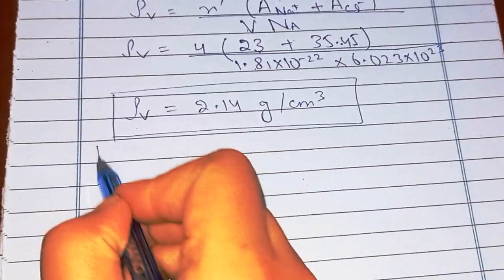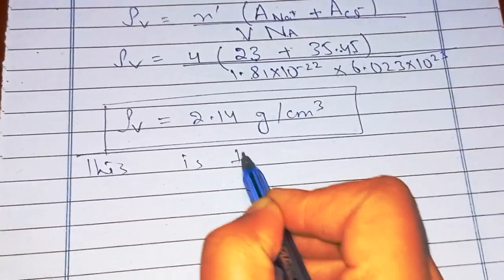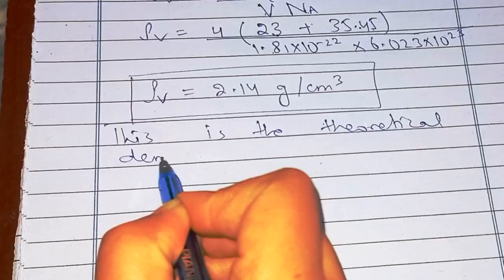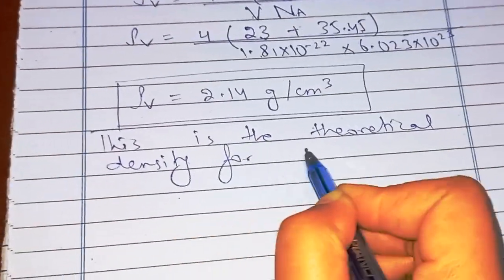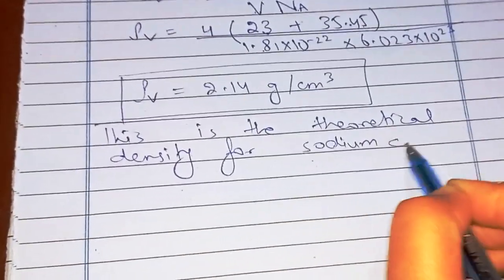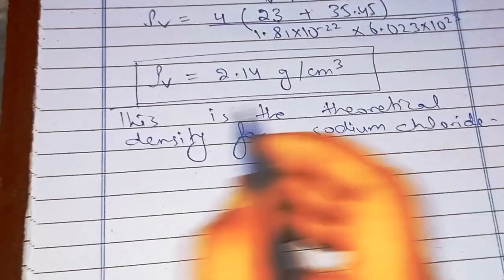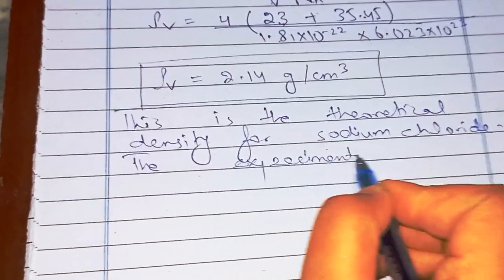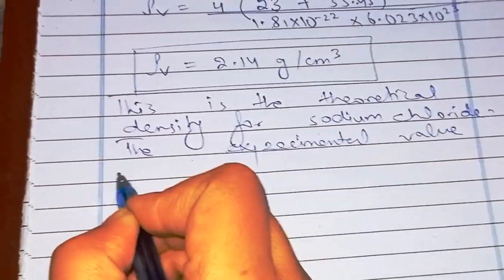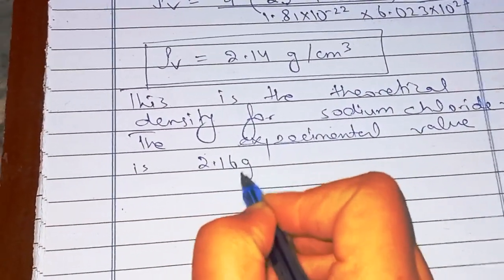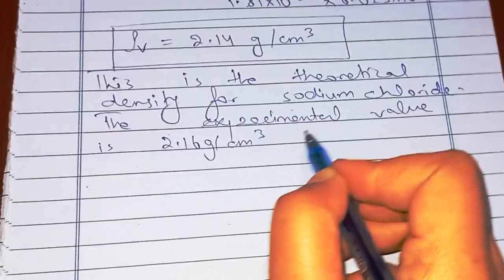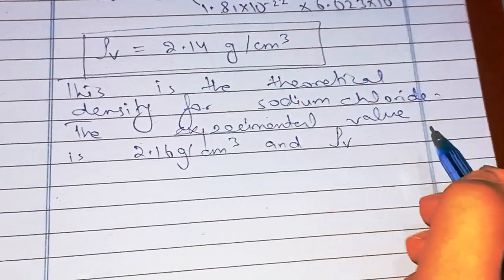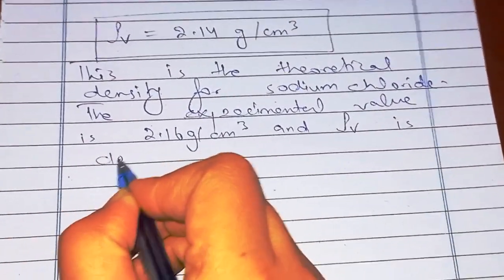This is the theoretical density for sodium chloride. For sodium chloride, the experimentally determined value is 2.16 grams per centimeter cube, and we can see rho_v, the theoretical density, is close enough.